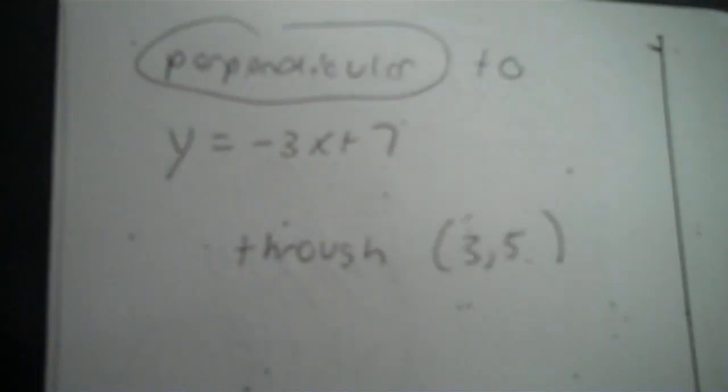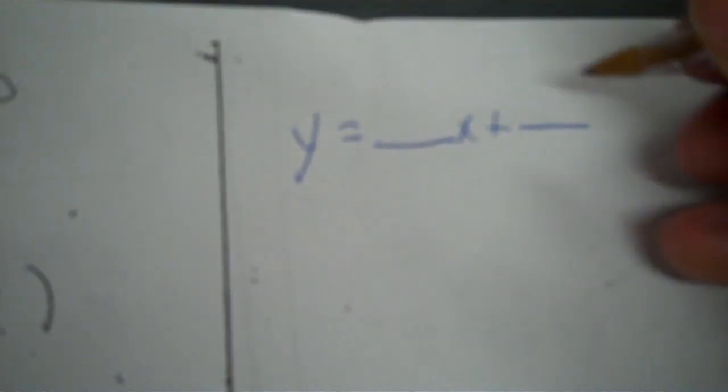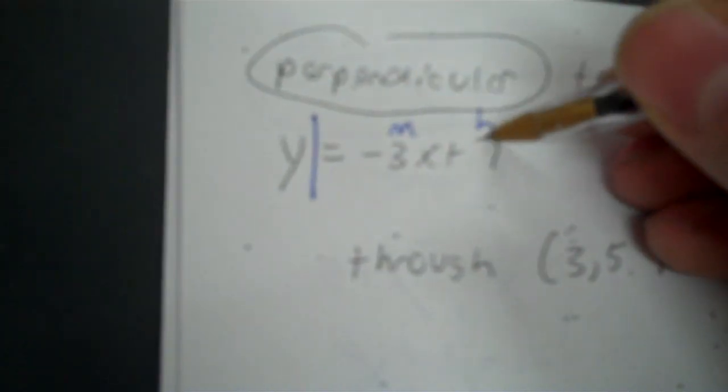Okay, perpendicular, y equals negative 3x plus 7 through 3, 5. Okay, so m, b. Okay, I don't care about b. Remember, we're back to perpendicular, so you got to flip the m and make it opposite.